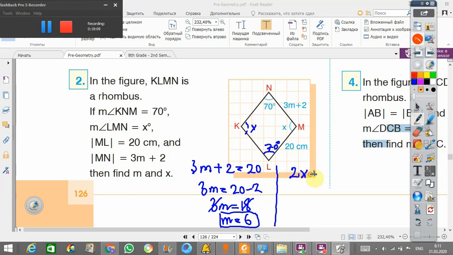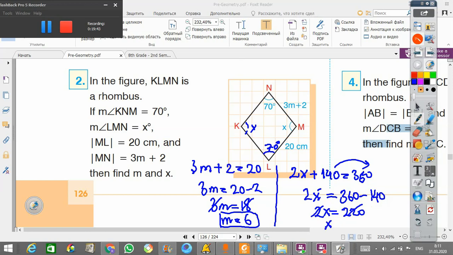So 2x plus 140 is 360 degrees, because 70 plus 70 is 140. Then, if you take it to the right side, 2x is equal to 360 minus 140. 2x is equal to what? 220. If you divide both sides by 2, x is 110.